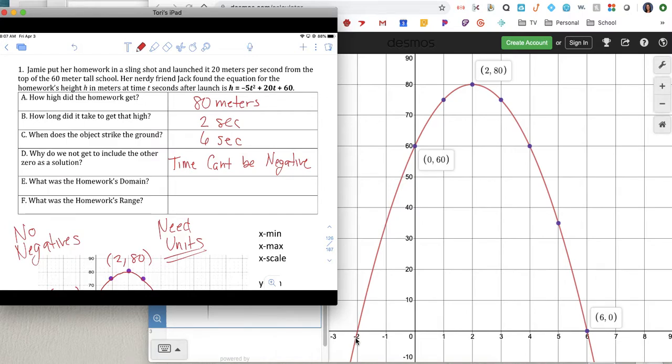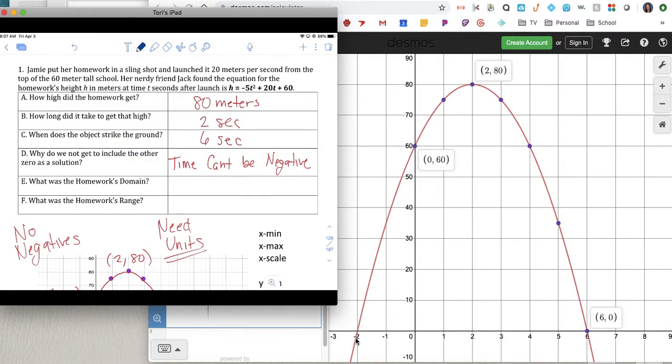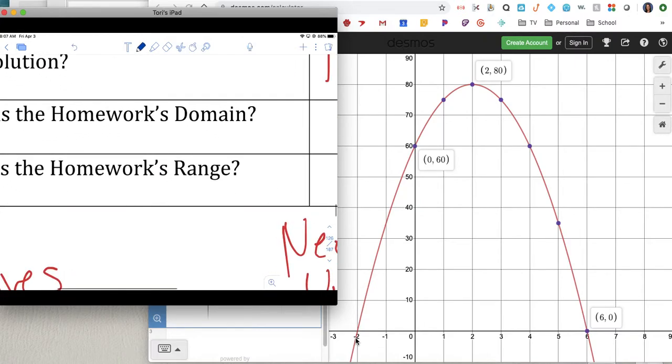All right, domain and range. I'm going to give you the basic outline of how we do these, and then I'm going to answer the actual question, okay? Let me zoom in really quick. Domain is always going to be my x's to the time when I land. My range is always going to be my y's from 0 up to my max height.